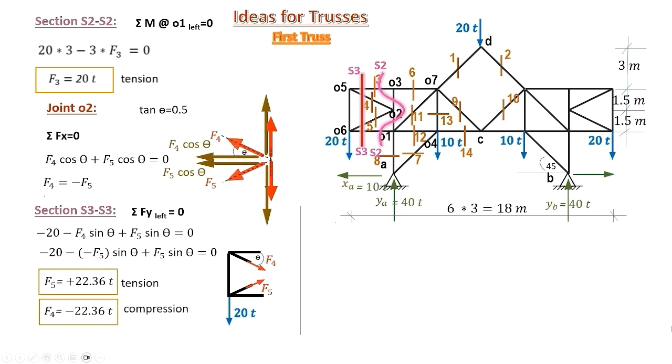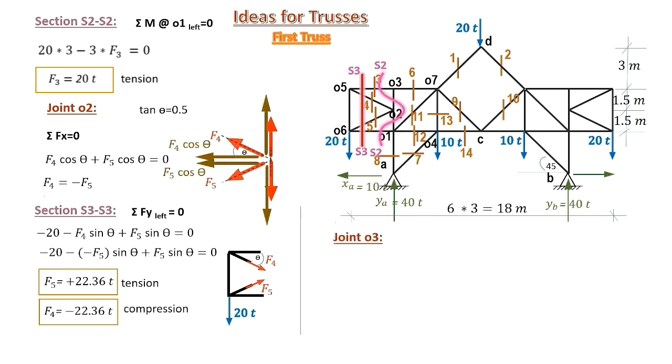Here we are. We had joint 2, equilibrium in the horizontal direction, and section S3, S3, equilibrium in the Y direction. Easiest way to compute F4 and F5 forming the K shape.